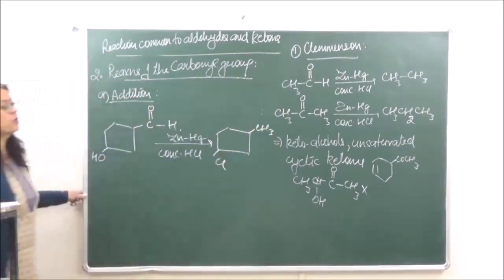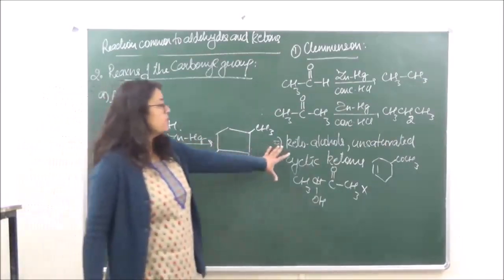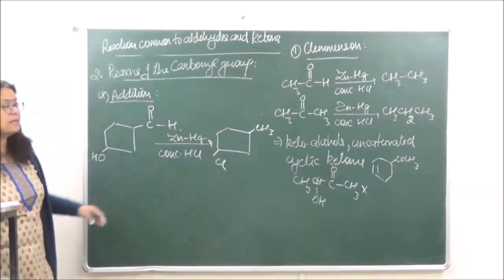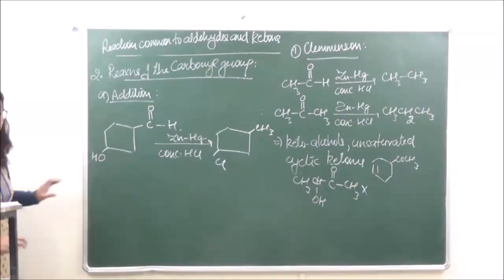This is going to be our product, because this compound does not fall in any of these categories. It's only the substitution which is happening because of the concentrated HCl, so OH is going to get substituted.